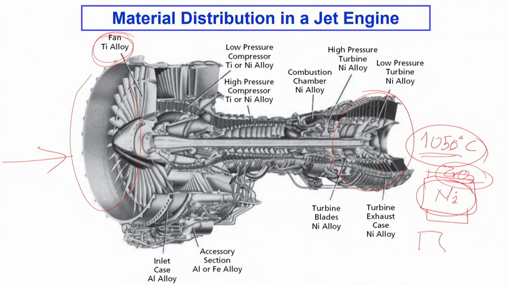For nickel to undergo oxidation, you require the cations, the nickel, to go out and the anion, the oxygen, to come in. So if you can create a barrier here in the form of this zirconia, then these nickel ions or iron ions are not able to go and meet the oxide ions coming from the air, and hence the oxidation can be prevented.